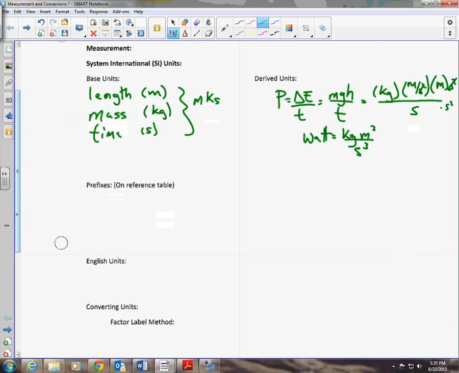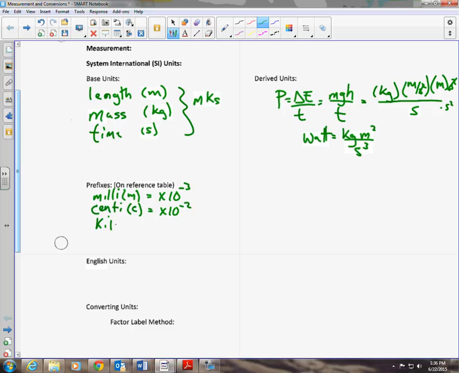Now, metric prefixes are on the reference table. You're not going to have to memorize them, but there are some you probably ought to know off the top of your head. Milli, m, is times 10 to the minus third. Centi, little c, is 10 to the minus second.